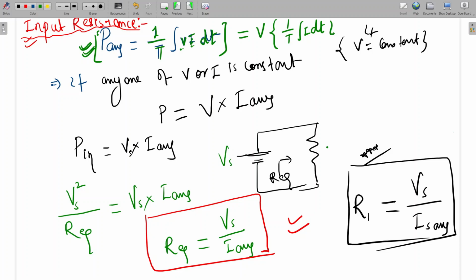If either V or I is constant, the average power will be the constant times the average of the other, which is the average of the current. So the average power is equal to V into I average. Is it clear?